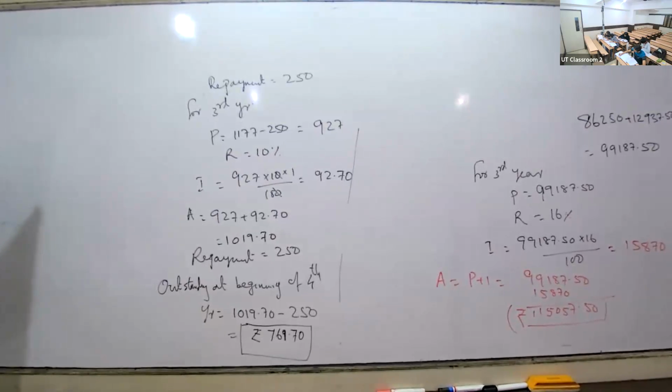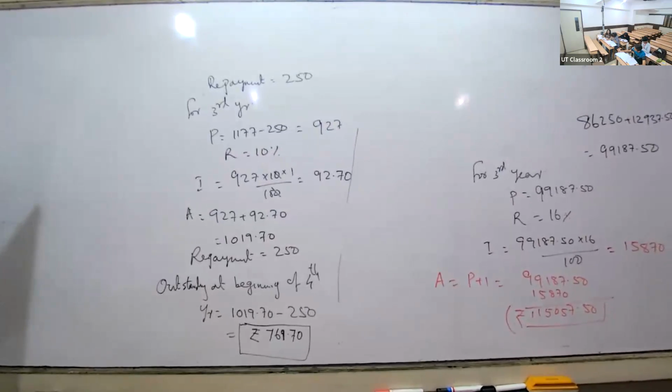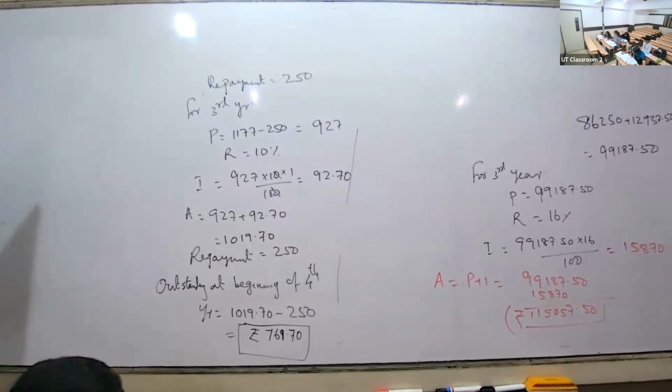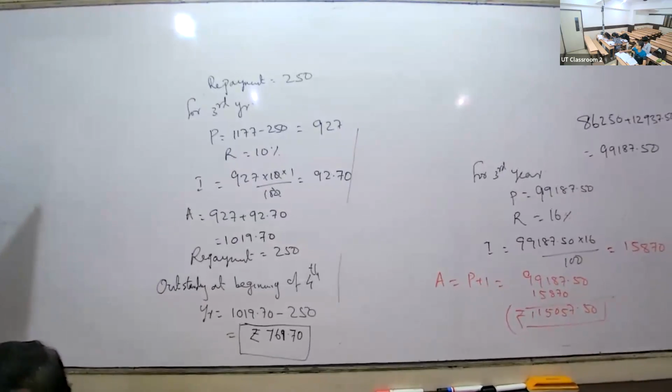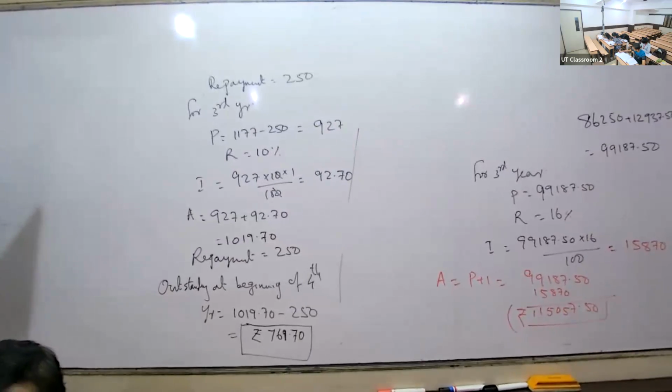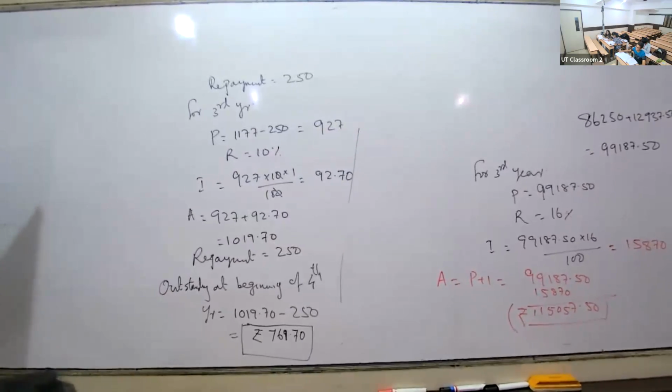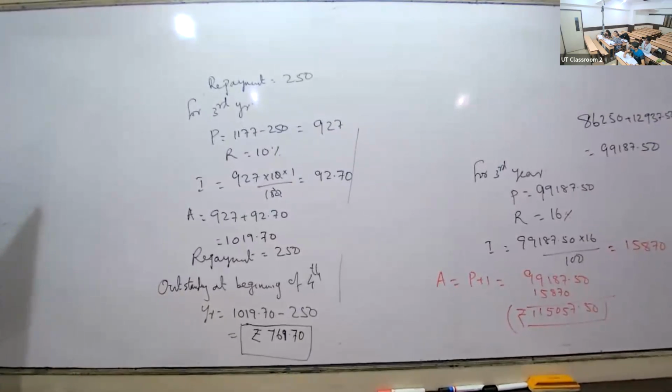Cancel. 25 into 12 is 300. Therefore, amount is equal to 2,500 plus 300, which is 2,800. Don't make mistakes.